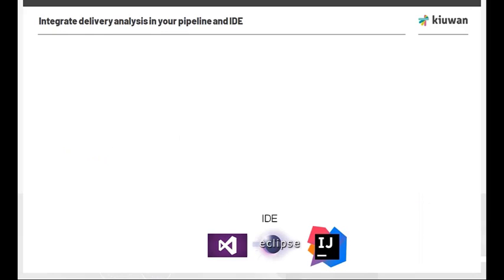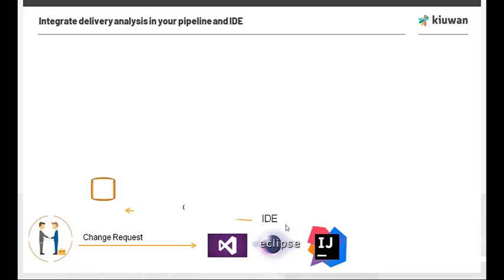Then you can integrate this delivery analysis in your pipeline. If we are following the journey that source code takes, we are developers, we are programming some changes in our IDE, in Eclipse or Visual Studio or IntelliJ, just the IDE that we are using.